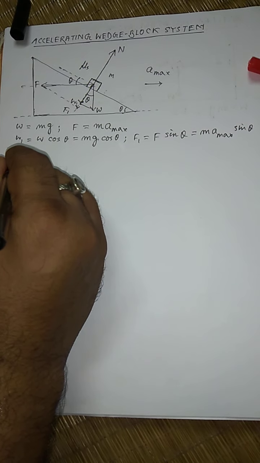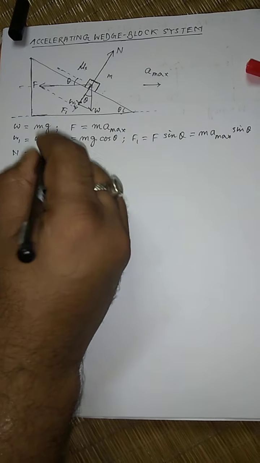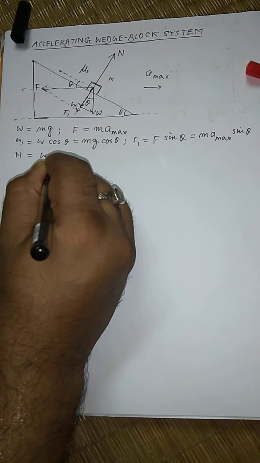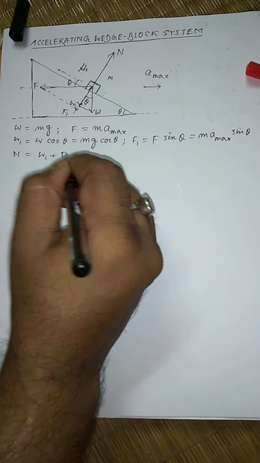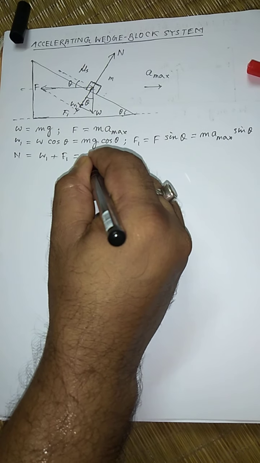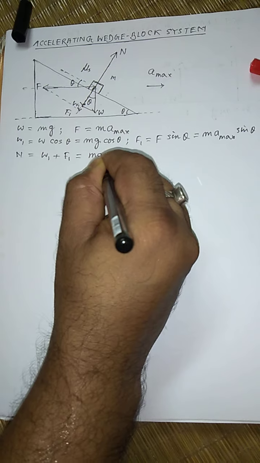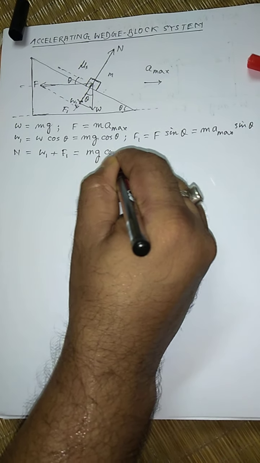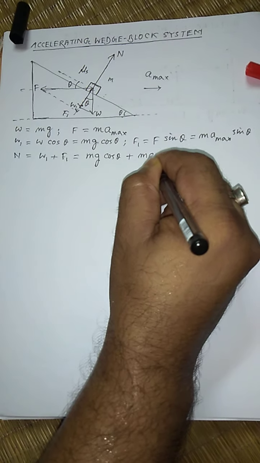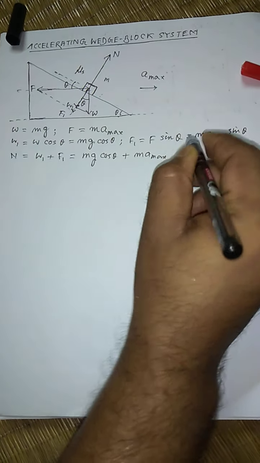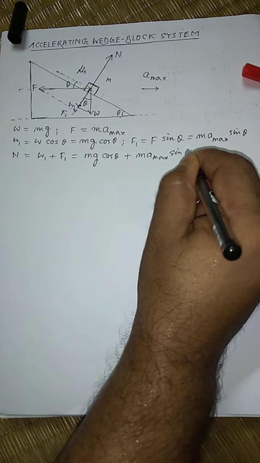Thus, we can write the normal force N is equal to W1 plus F1, which is equal to mg cos theta plus m A max sin theta.